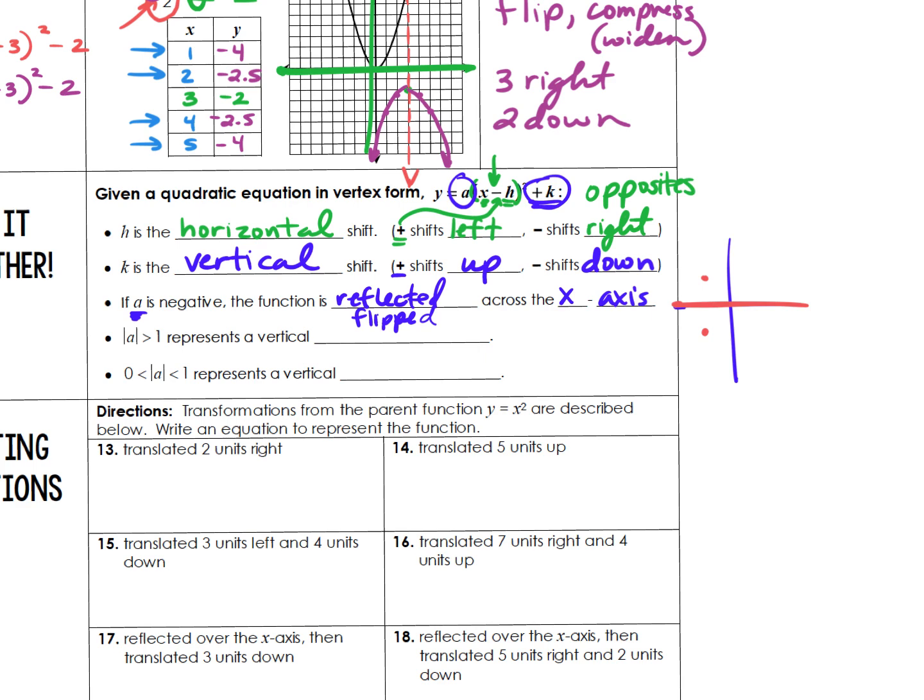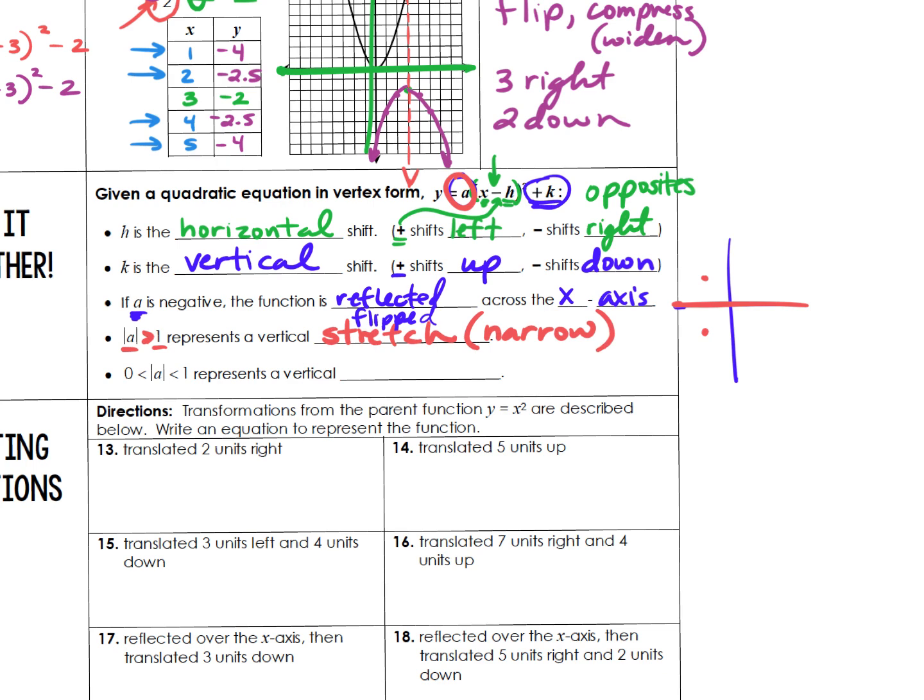All right, so now here's the piece that we've just started talking about today. If the absolute value of your a value, so positive or negative, is greater than 1, so if that number out in front is a 3, for instance, or a 7, or a 2, anything greater than 1, that is going to be what's called a vertical stretch, which makes it a narrow graph.